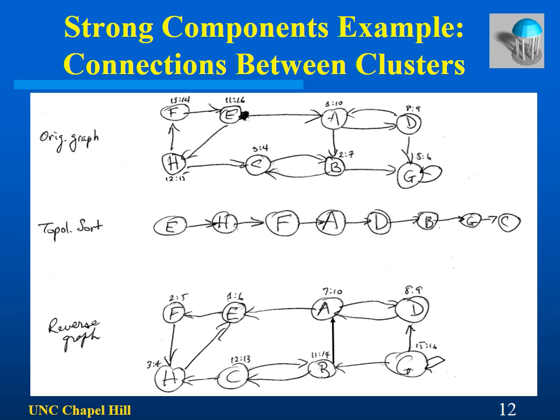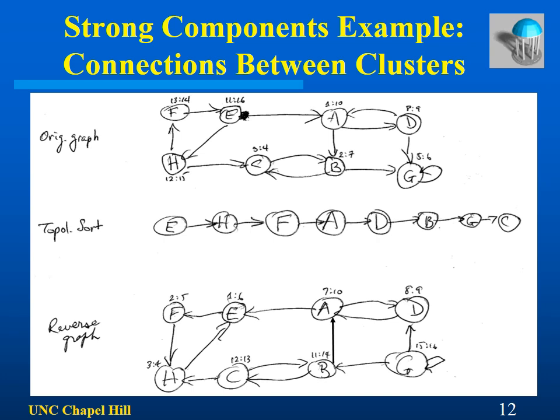It has an arc from E to A that in the reverse was an arc from A to E. And that reverse arc was never traversed in the depth first search. It wasn't a tree edge. It wasn't a darkened edge in the reverse graph DFS, because E, F and H were already done by the time you got to A.